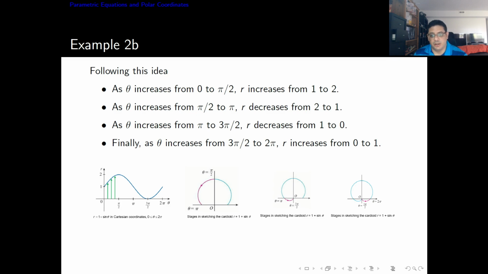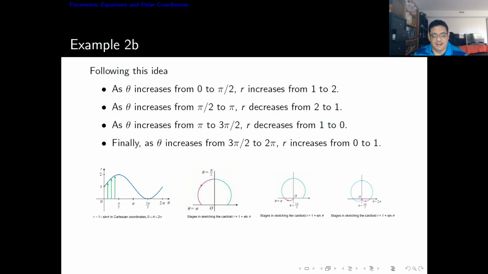The third picture shows how it goes when we're going from pi to 3 pi half. It's going to decrease from 1 to 0. And finally, when theta is increasing from 3 pi half to 2 pi, it does this last little bit when it's increasing from 0 to 1.